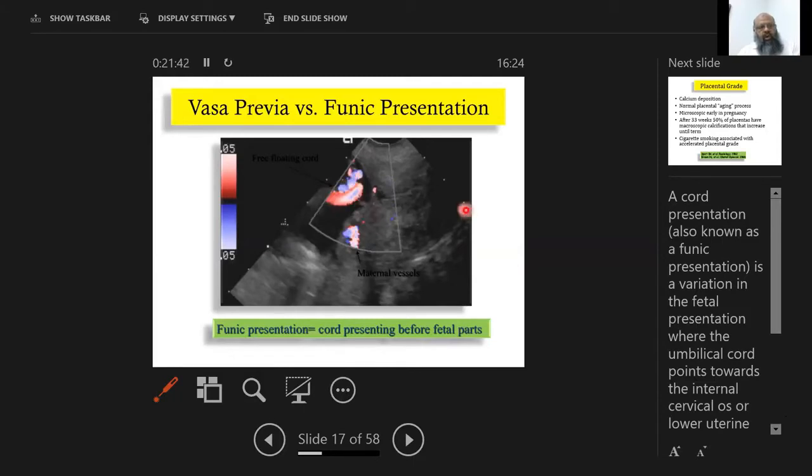So we call it a funic presentation. We use the word funic once it is vasa previa, but it is a bit along the wall of the myometrium. So this term is used.